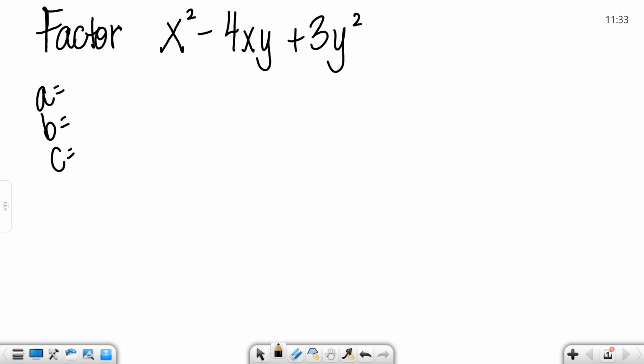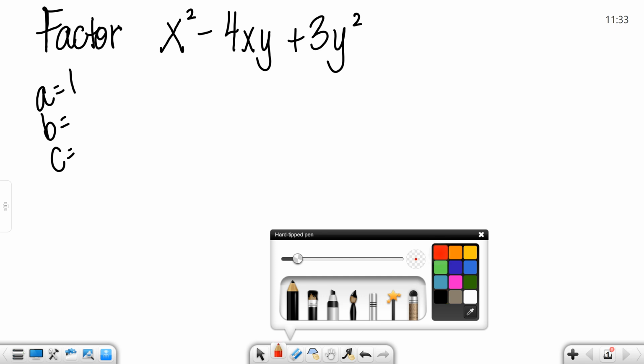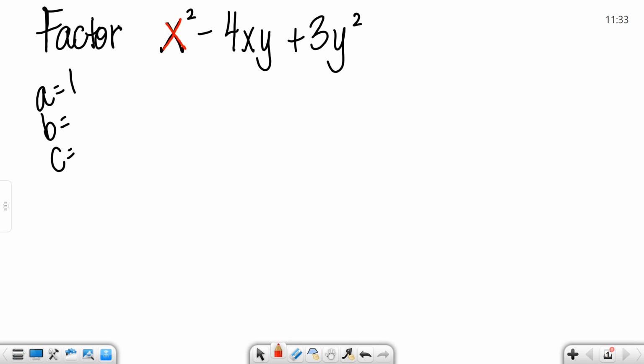All right, and it is a trinomial, so I need to know what are a, b, and c. Now, when you look for a, b, and c, your a value is the coefficient in front of x squared, or whatever the leading squared term is. In this case, it is x squared. So my a is 1. All right. So notice, my variable here is x squared and x.